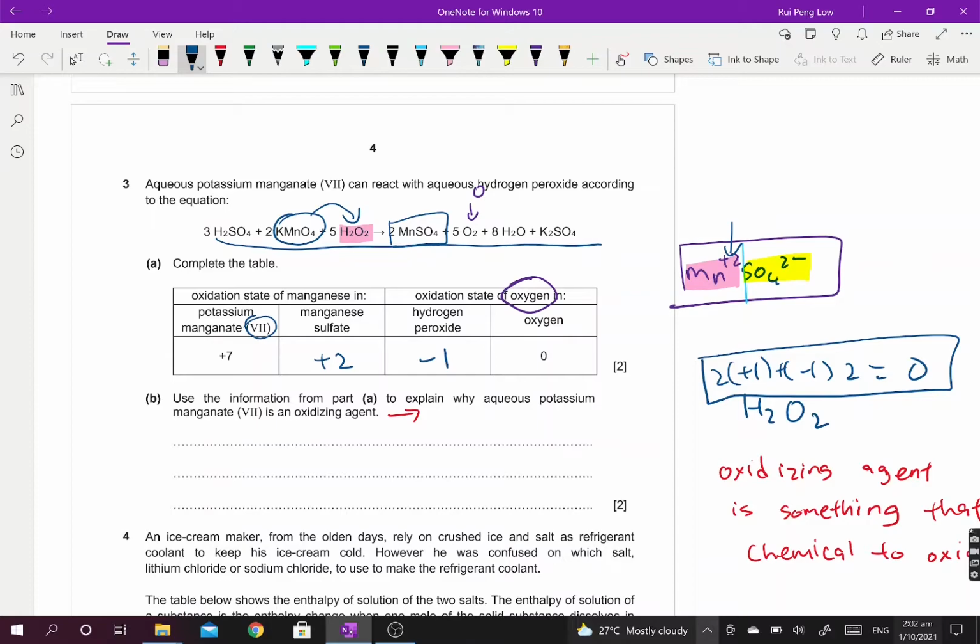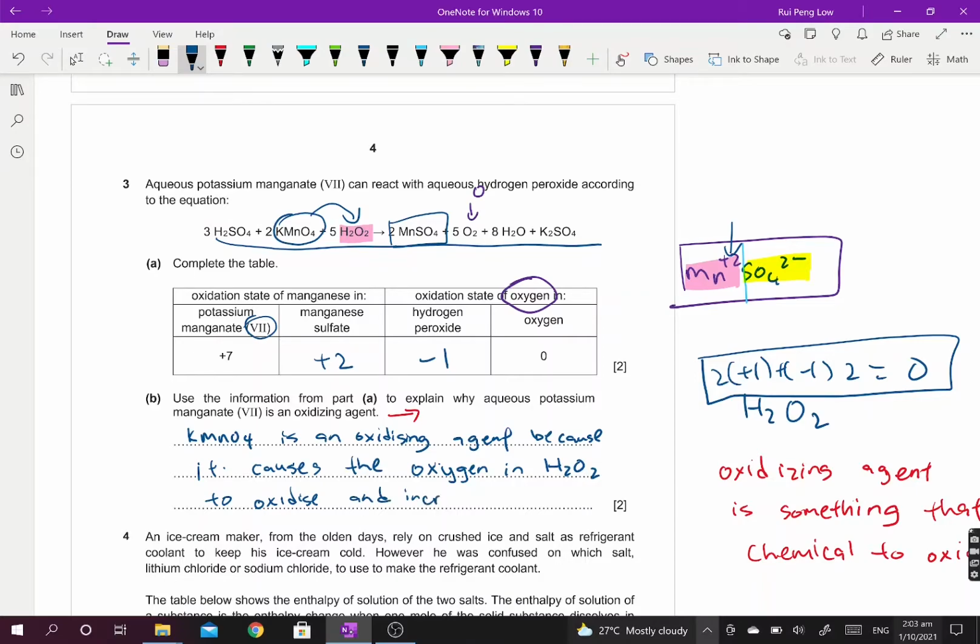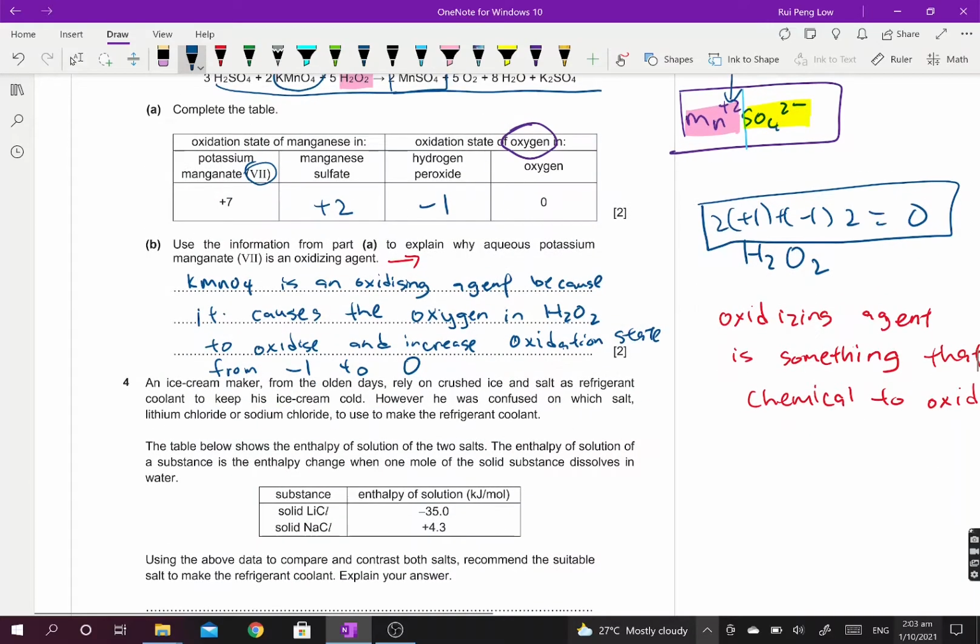Hence, we say KMnO4 is an oxidizing agent because it causes the oxygen in hydrogen peroxide H2O2 to oxidize and increase oxidation state from -1 to 0. Okay, quite straightforward.